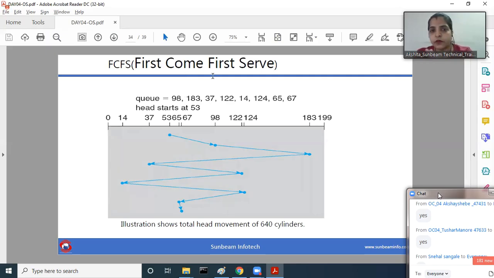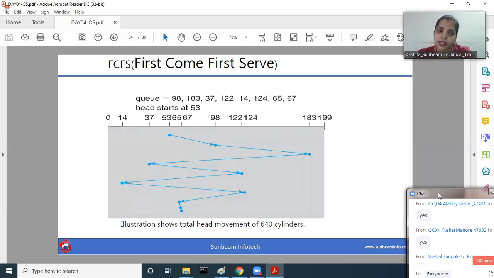first come first serve. Assume I have got the queue as 98, 183, 37, 122, 14, 124, 65, 67. And it is saying my current head is at location 53. I have a total of 200 tracks.